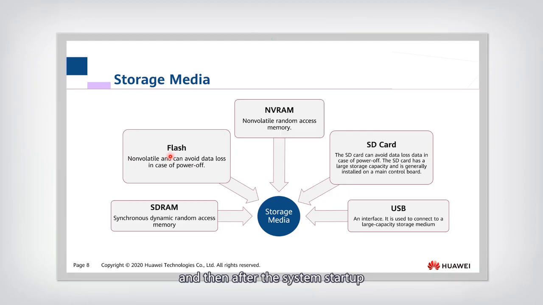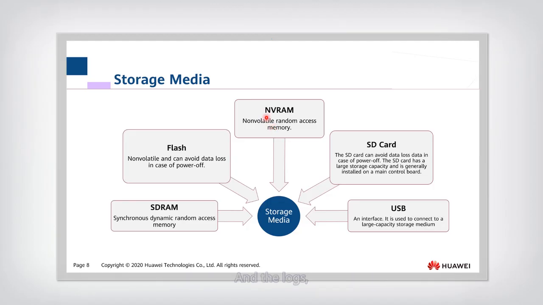And after the system startup, some real-time files or real-time data are generated or written in the SDRAM. Non-volatile RAM is used to write the logs. Because the RAM is non-volatile, the logs written into the NVRAM will not be lost if the power is off.